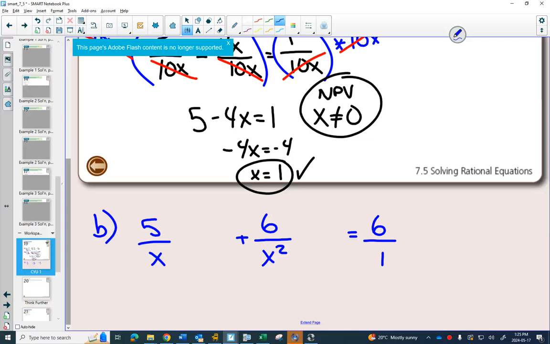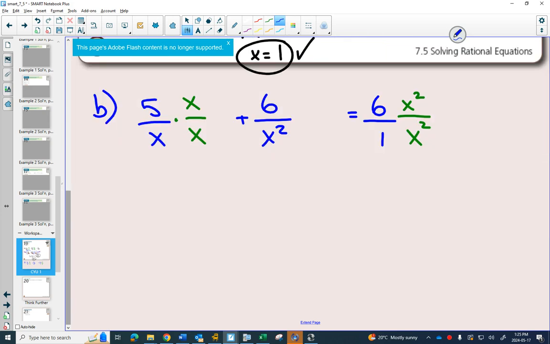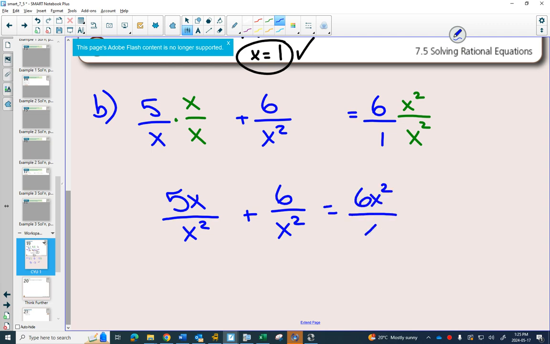X squared. So the first one needs an x. The second one has it already. The last one needs an x squared. I'll have 5x over x squared plus 6 over x squared equals 6x squared over x squared.